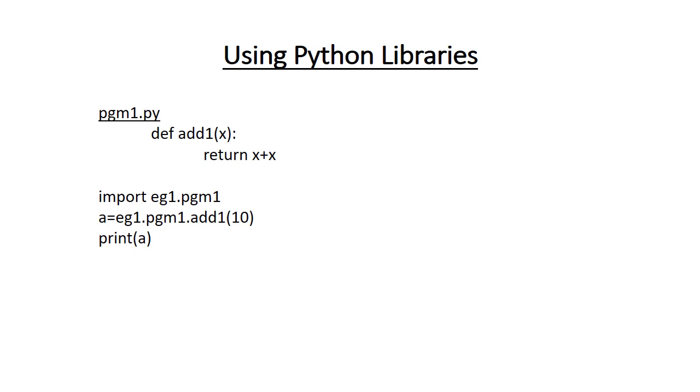So what happens: from that folder eg1, from that file pgm1, it will call the function add1, and one value is passed while calling that function. A value 10 is entered, so it will give the value 20, because in that function it is written return 10 plus 10. Now print a, and you will get the value 20.